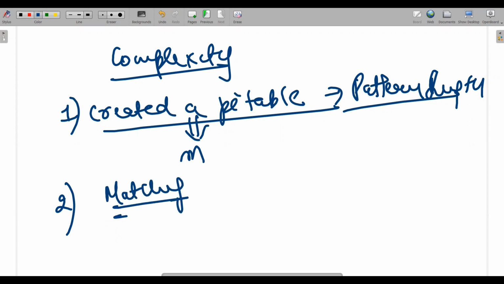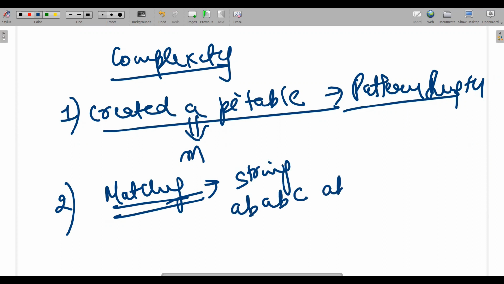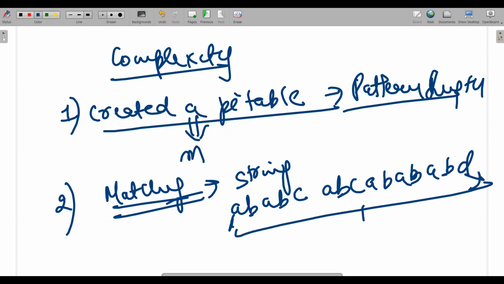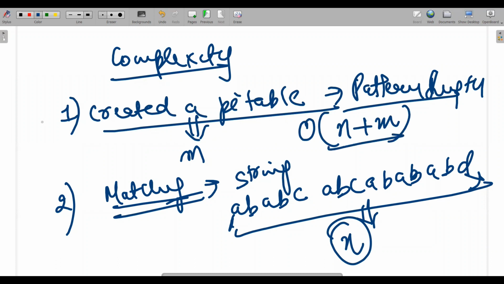Matching was entirely dependent upon your string length, because we process each and every character of the string. Let's say we were writing ABC, ABC, AB, AB, ABD. So we process from this A to this D. So technically, it took the length of the string only. So the complexity would be order of n plus m, because this was a separate loop and this was a separate loop when it comes to the matching part.